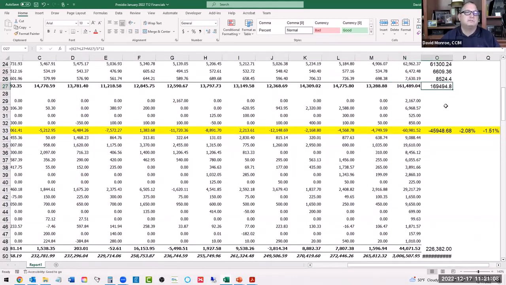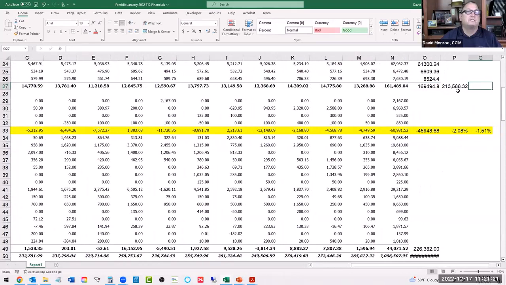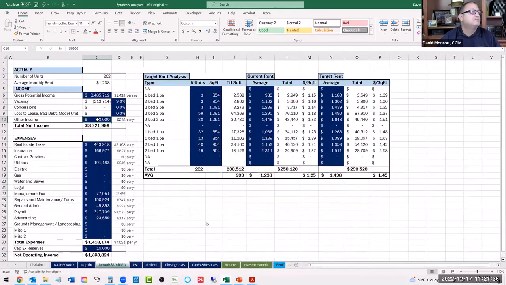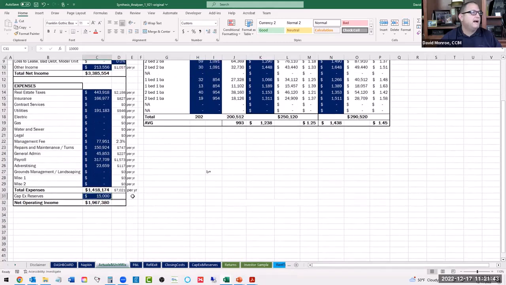Actually, let's add this one. So I'm going to put equals this plus this tab. So 213,566. Oh, I guess I could have just done the 226,382, because I T12'd or T3'd these. So I'm just going to use the smaller number, 213,556. Okay, so now we have our model.